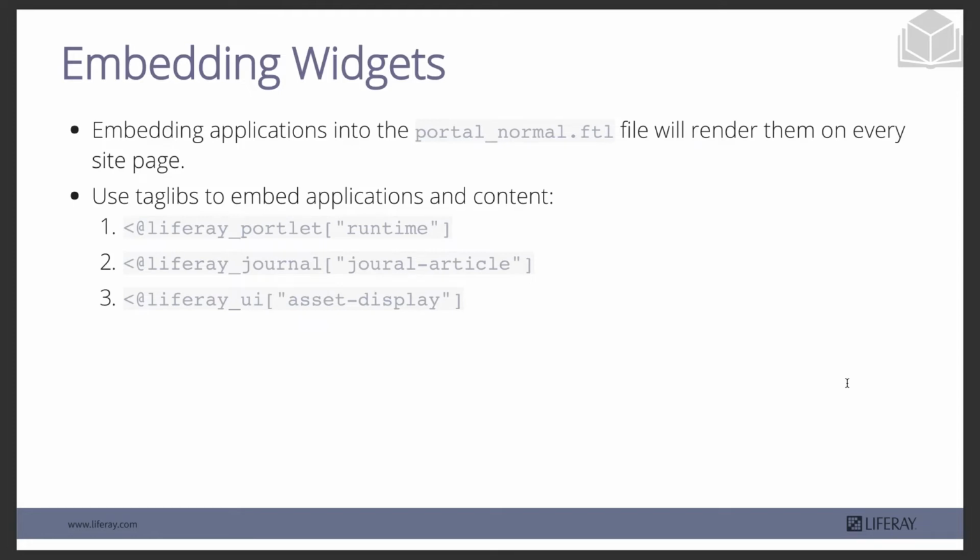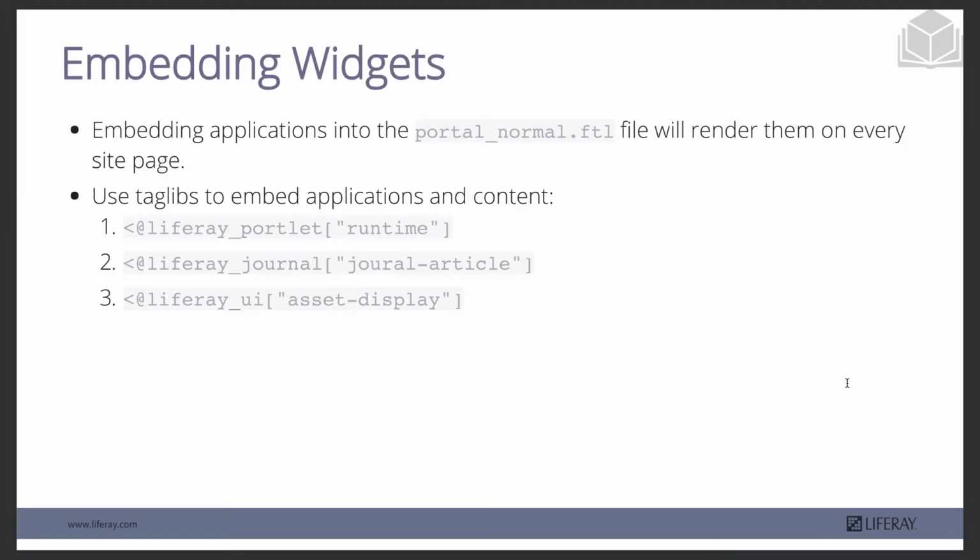So if you have a template in mind for how the content is going to display, again, this will be a FreeMarker template, we can go ahead and use that ID. And then there's also the group ID, and group in Liferay's API is referring to a site. So that would be the site ID. So we're essentially identifying what the article is, what template it's using, and where it's being displayed from, or where we are accessing that content article.